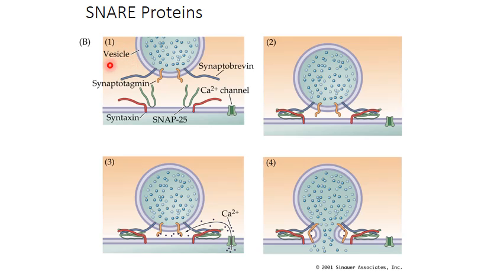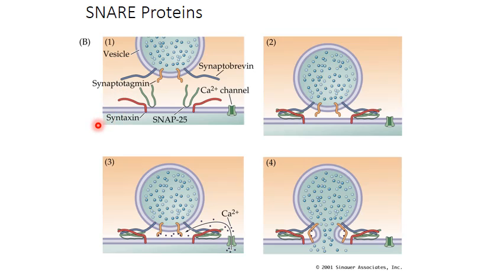And then there are target SNARE proteins which live in the plasma membrane. And chief among these in the nervous system is syntaxin, shown here in red, which is an integral membrane protein, just like synaptobrevin is. And then there's a peripheral membrane protein whose name is SNAP25.